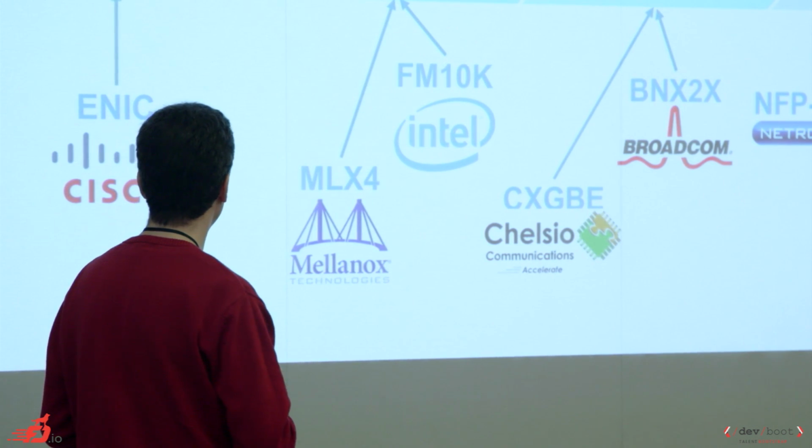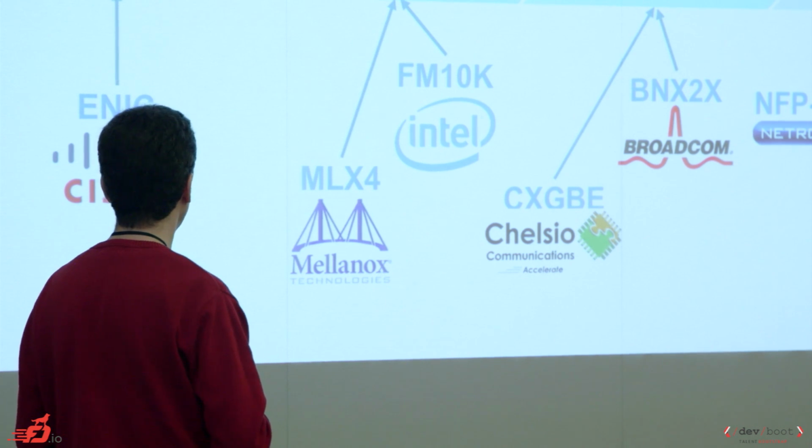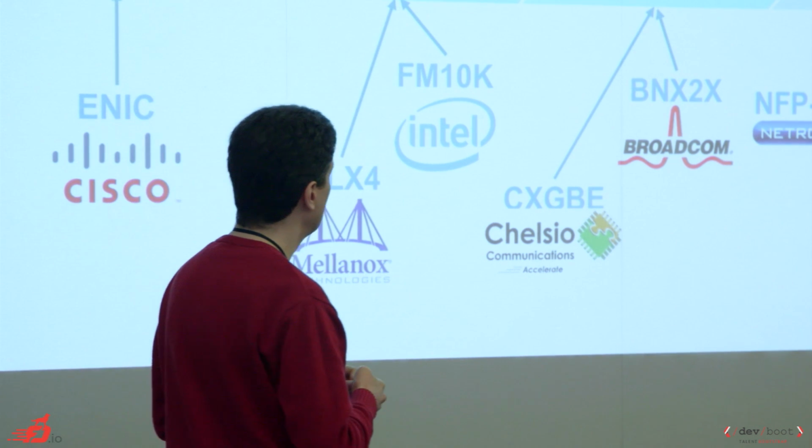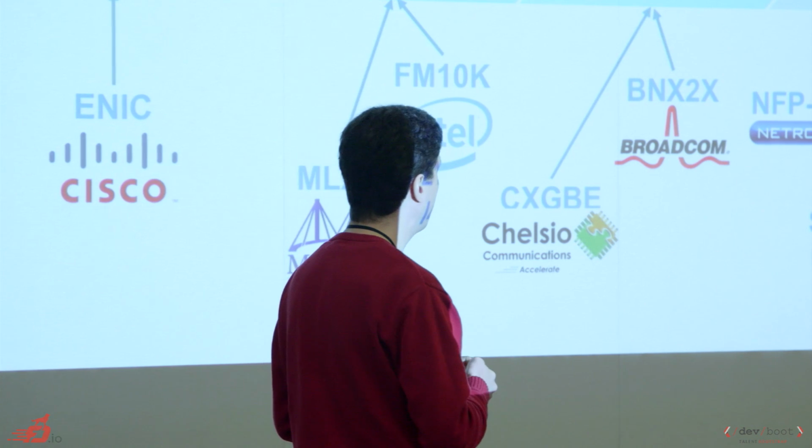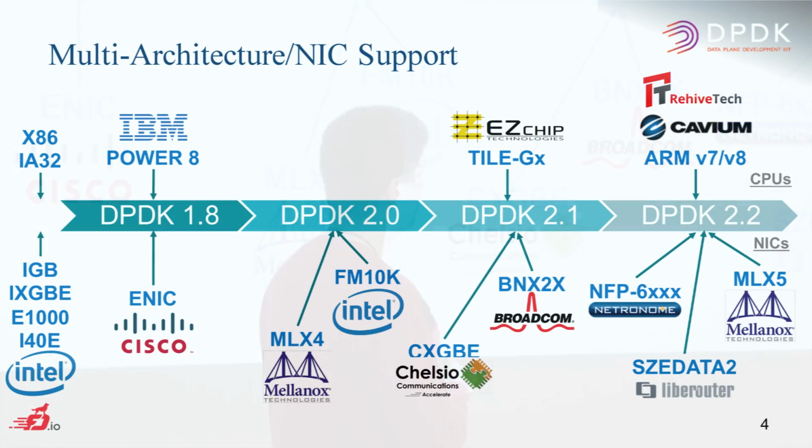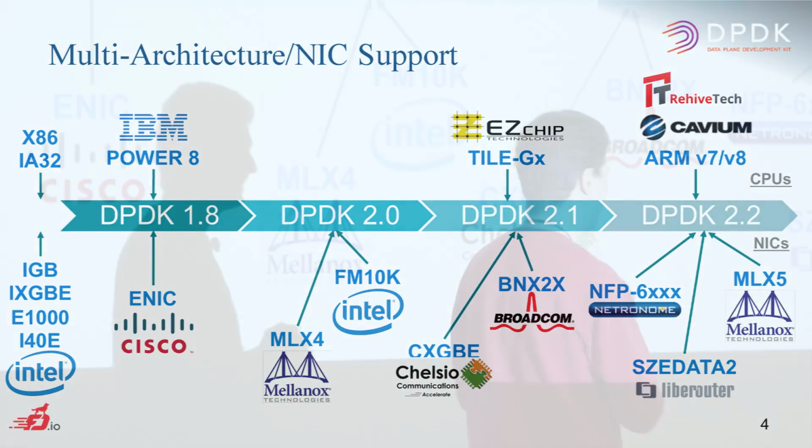In terms of CPU architecture, we have support for IBM Power architecture, for Cavium, for ARM version 7 and ARM version 8 CPU architectures, and support for Tilera architecture. In terms of NICs, we have NICs from Intel, Broadcom, and Netronome. Netronome is like a system on a chip. Mellanox, Chelsio, whatever. So this list is growing by the day. And Cisco as well, of course. Yes, thank you.